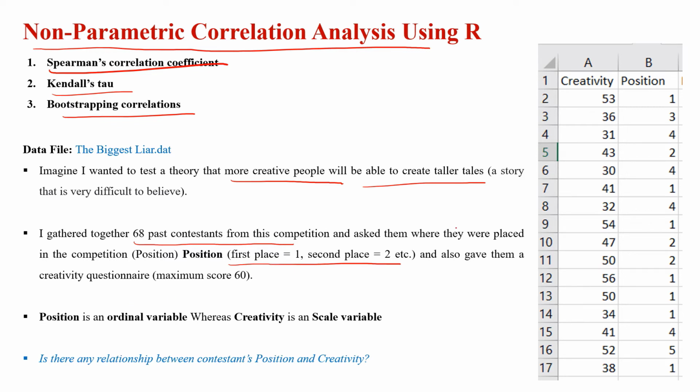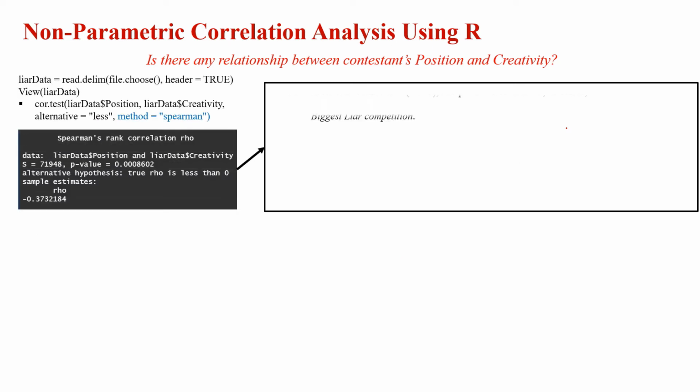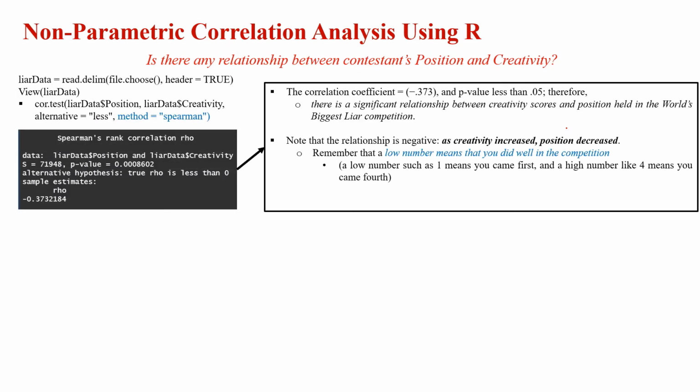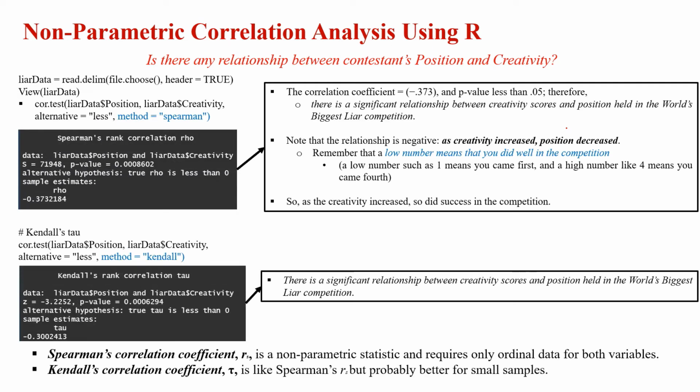Because the position is ordinal scale data and we want to find out the relationship between the contestant's position and the creativity, we are going with the non-parametric analysis. So we will apply Spearman's correlation as well as Kendall's coefficient.